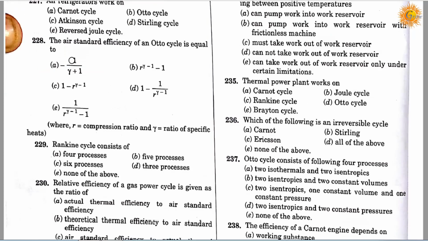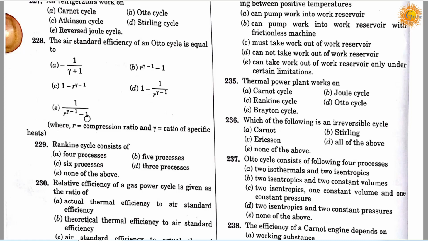Question number 228. The air standard efficiency of an Otto cycle is equal to: option A, minus 1 upon gamma plus 1; option B, r to the power gamma minus 1, minus 1; option C, 1 minus r to the power gamma minus 1; option D, 1 minus 1 upon r to the power gamma minus 1; option E, 1 upon r to the power gamma minus 1, minus 1.